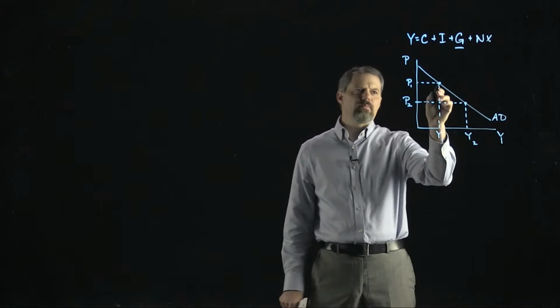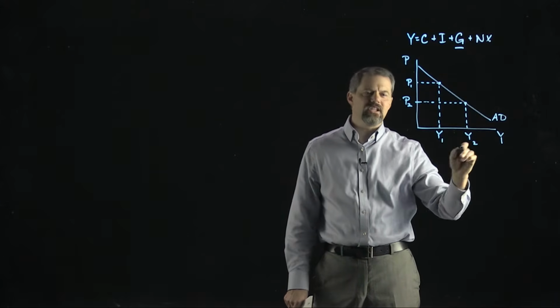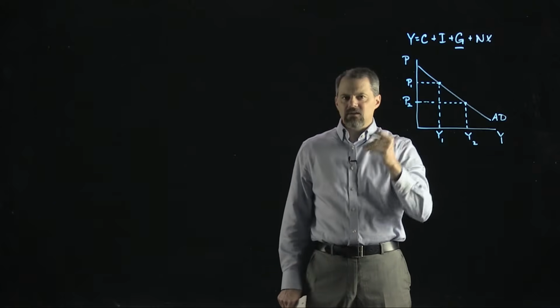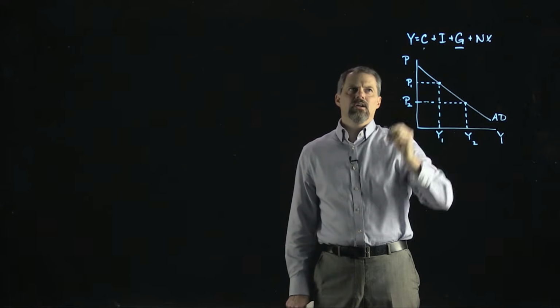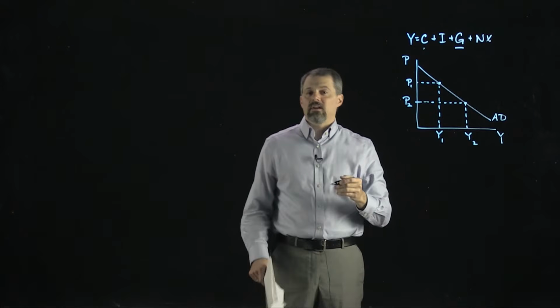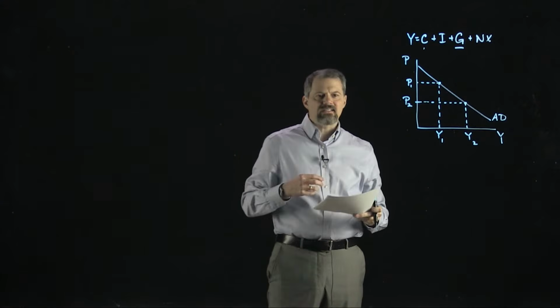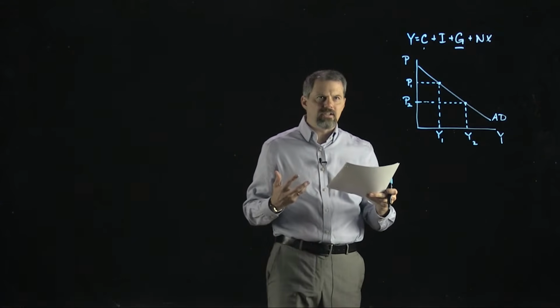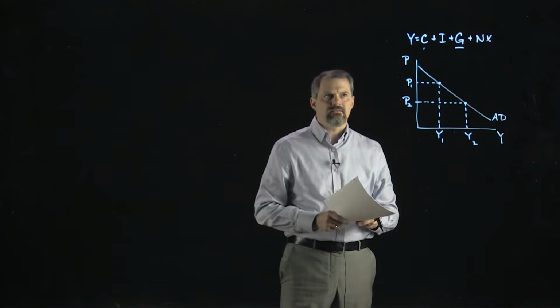So in order to explain this relationship between the price level and real GDP, the amount of stuff people want to buy, we thought about how the price level would impact consumption. And we talked about the wealth effect. What we said was that a lower price level makes people feel wealthier, and when they feel wealthier, they go out and they buy more stuff.